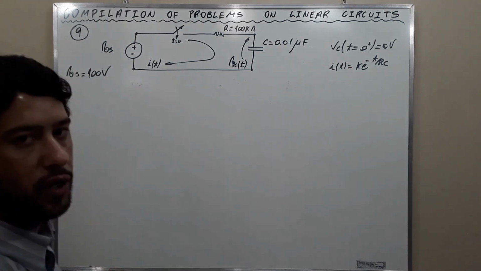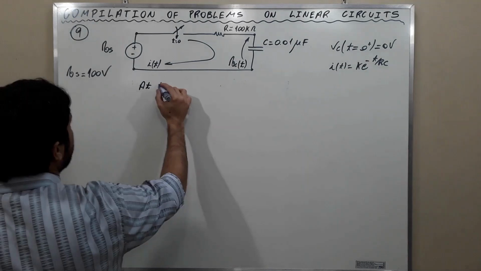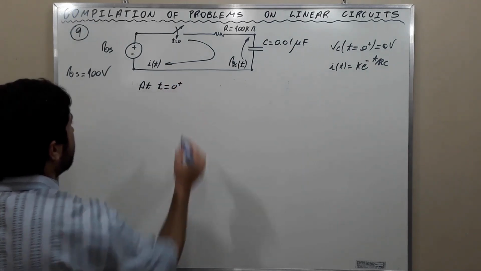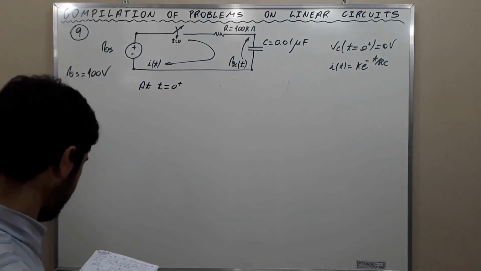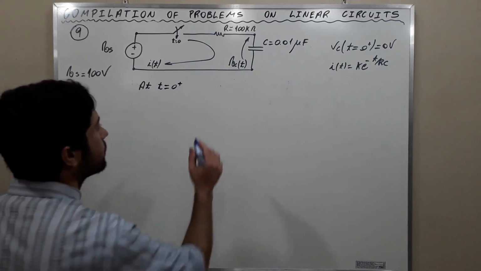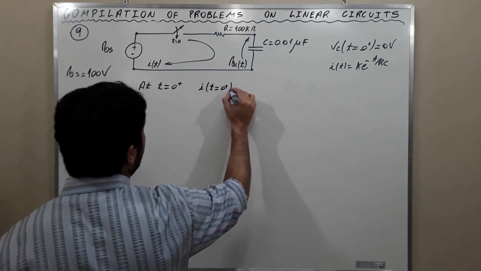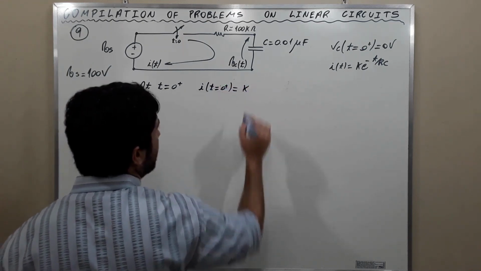At t equal to 0 plus, the current I of t equal to 0 plus is equal to k.